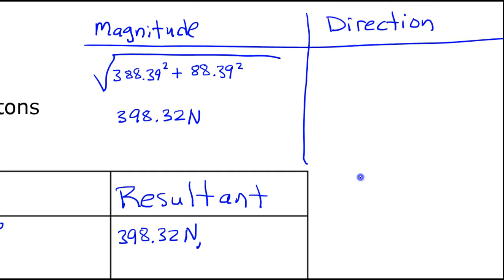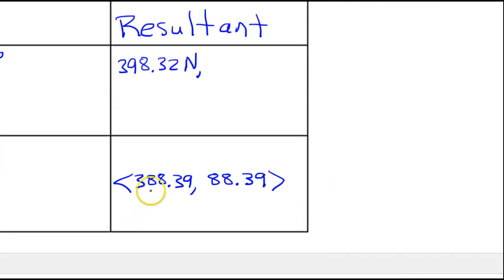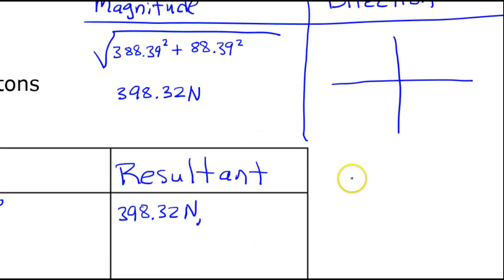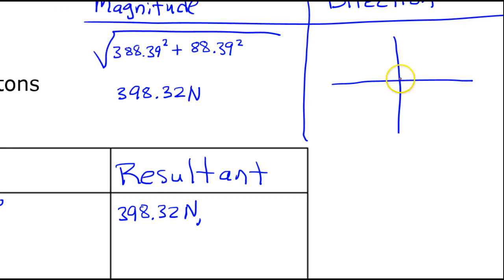Okay, now let's talk about the direction. So let's make a little graph to help us out. So look at these components. It's east and north. It's to the right and up. So that means we are dealing with the first quadrant, like this.